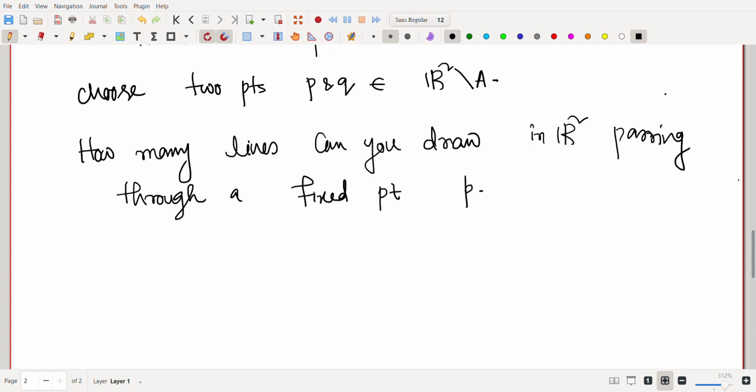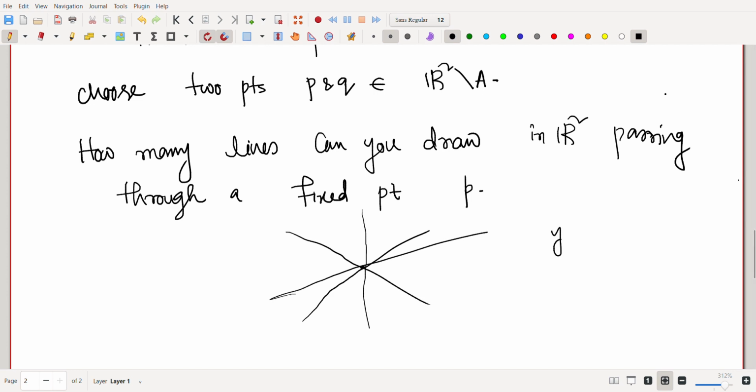If it is R2 and this is the point, then how many lines can you draw that pass through this point? You can draw uncountably many lines passing through this point P.